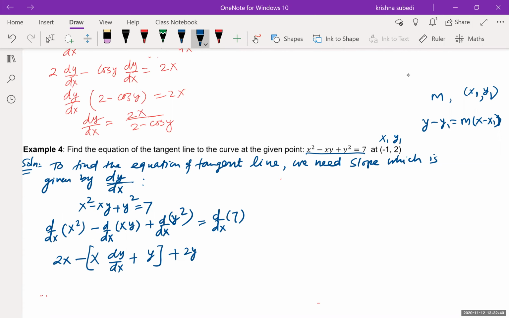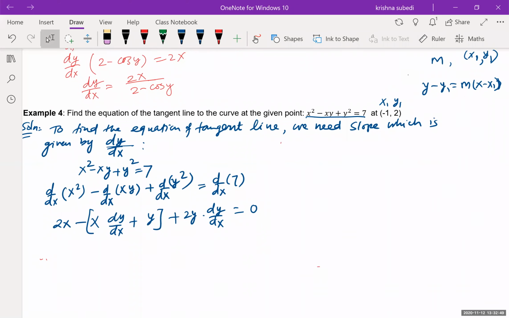Then since y and x are different variables, write dy over dx, one extra factor there, equals the derivative of 7, which is 0. And now 2x minus x dy over dx minus y plus 2y dy over dx equals 0.